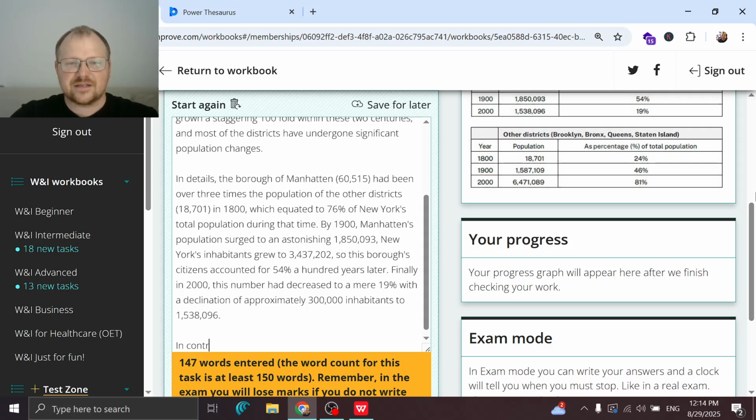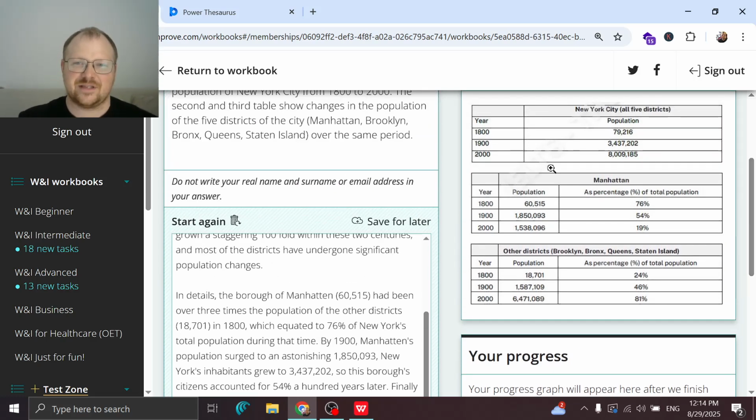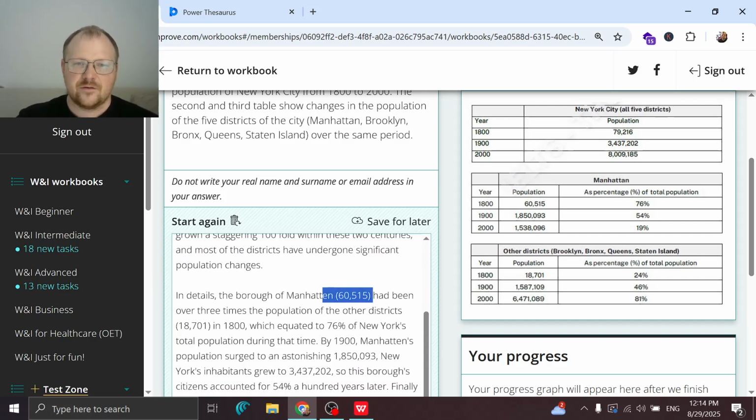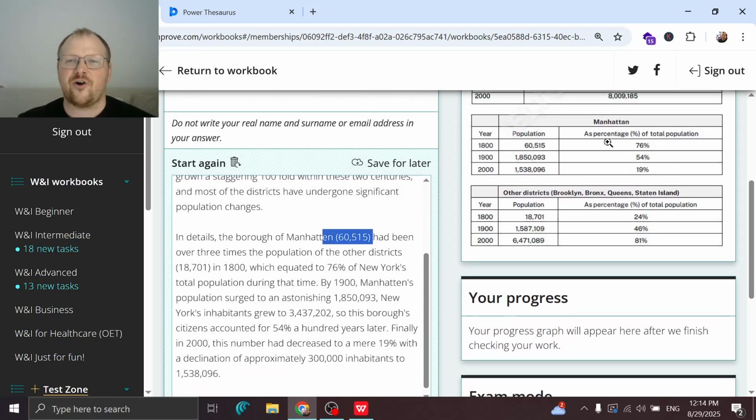In contrast, so now we've said everything we need to say about this. We've mentioned this number. We didn't specifically say the 79,000, but we don't necessarily need all of the data.